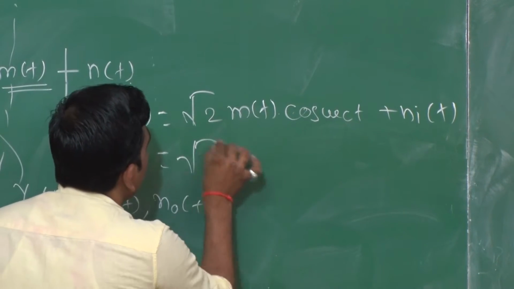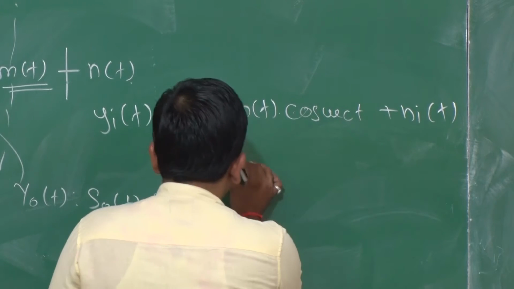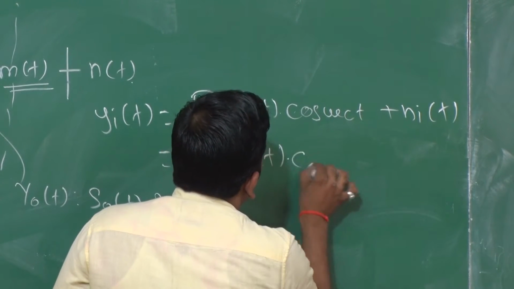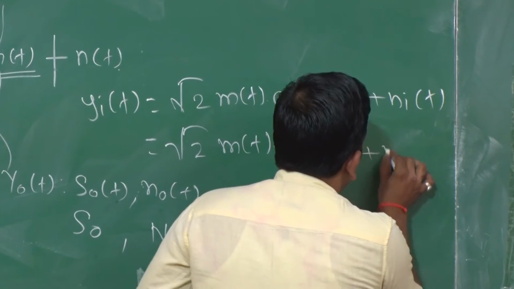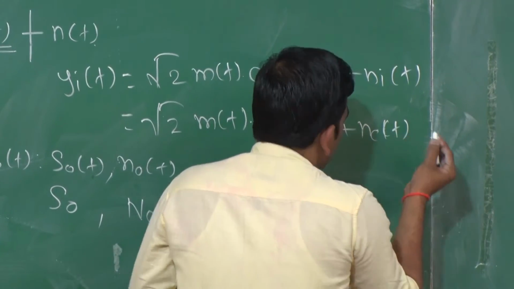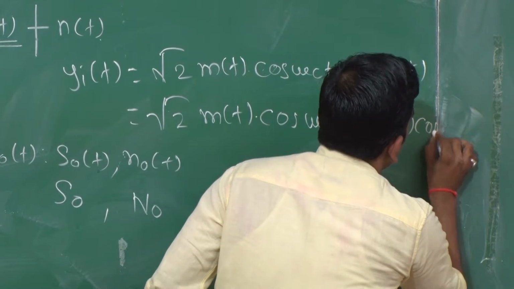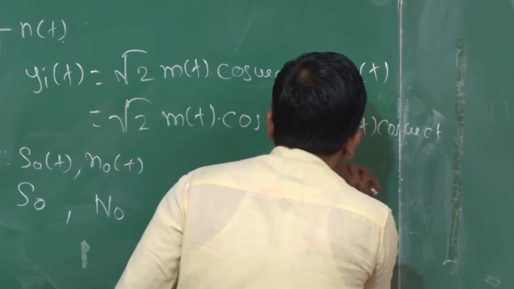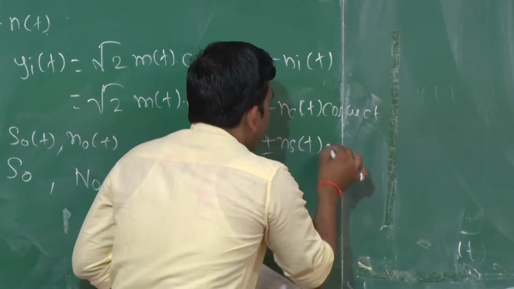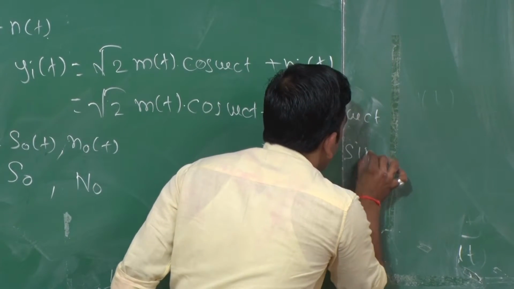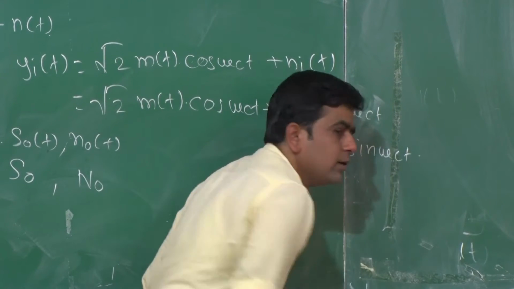Here this will be given as root 2 m of t cos omega ct plus nc of t cos omega ct plus or minus ns of t sin omega ct.